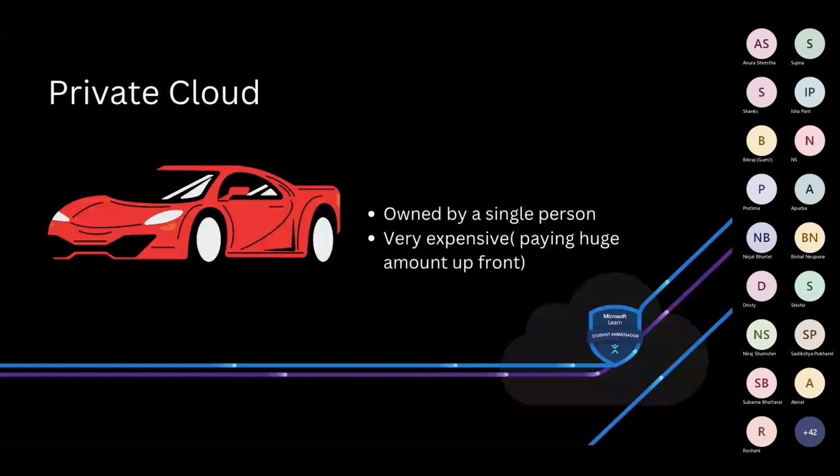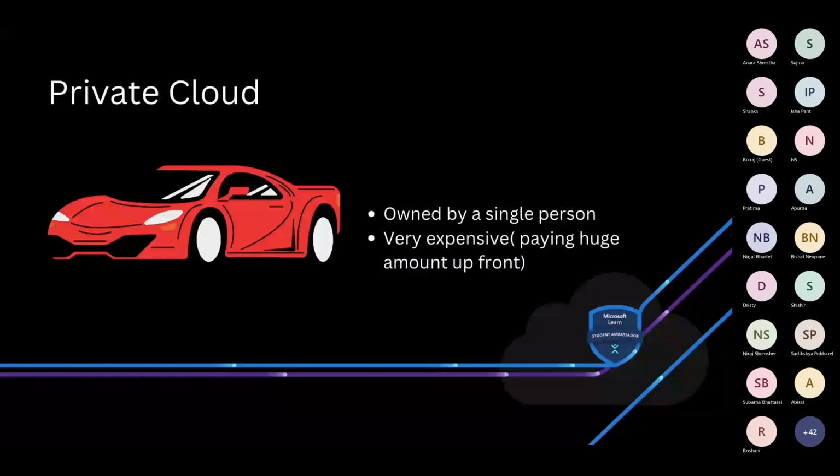So private cloud is something like that, where everything is built on the company's data centers. And it is very expensive, though it is highly secure, compared to the buses. And that is what it is in our real lives too. Buses are much cheaper, right?